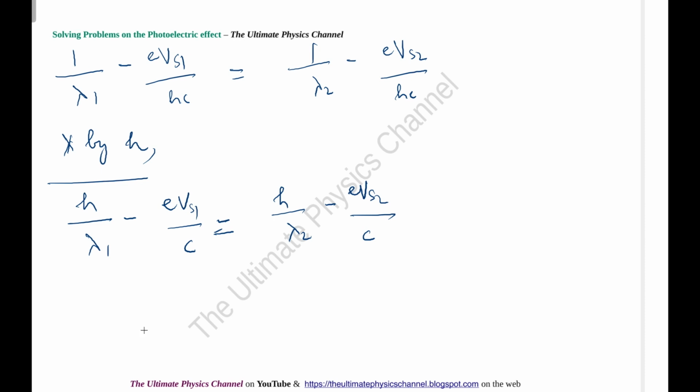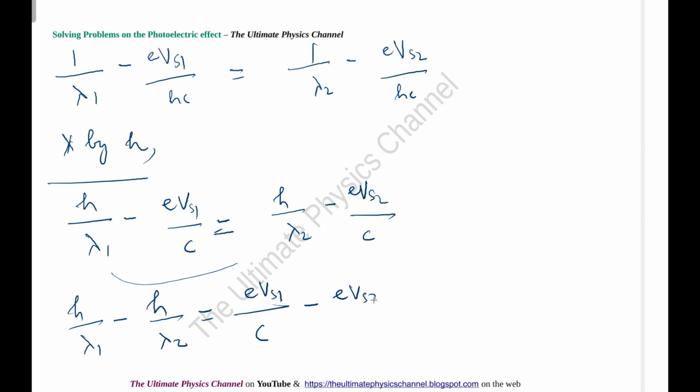And then we can bring these two terms to one side, that is the Planck's constant terms. That would be h over lambda 1 minus h over lambda 2 is equal to e V S 1, which is negative on the left side, goes to the right side as a positive number, and then we have e V S 2 over c already on the right side, and it stays there.